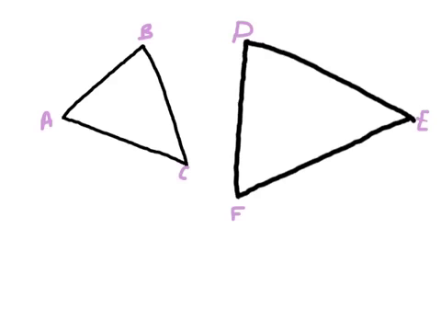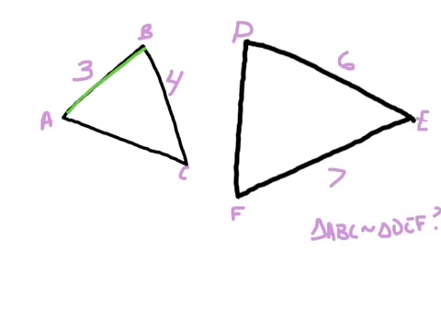For example, if this is 3 and this is 4, and let's make this 6 and 7, I can prove that these are not going to be proportional. If I say it's triangle ABC similar to triangle DEF, if I take the corresponding sides, 3 goes with 6, and I want to know, is that going to be equal to 4 to 7?